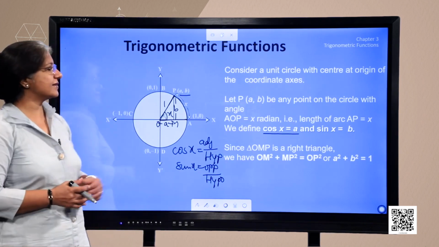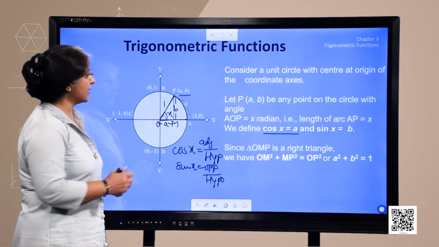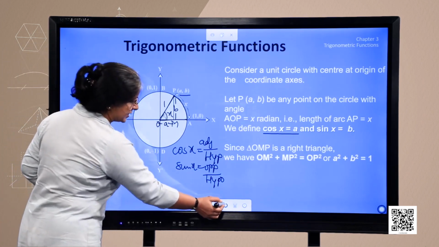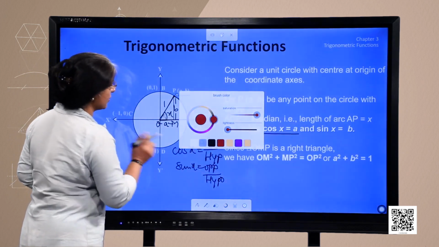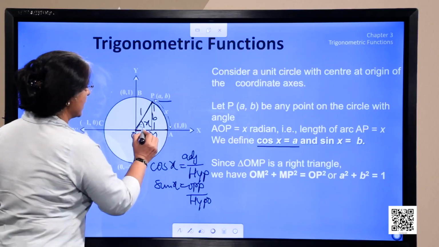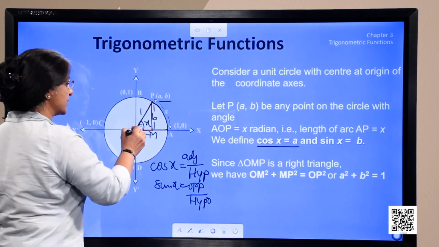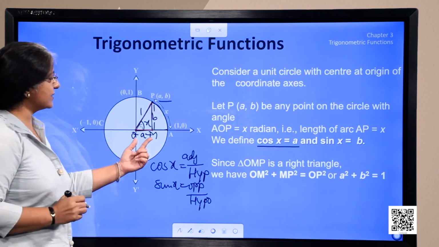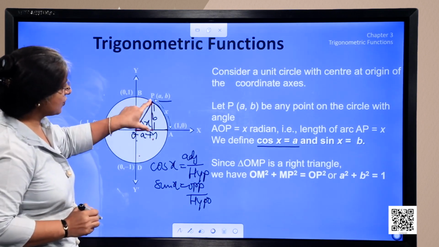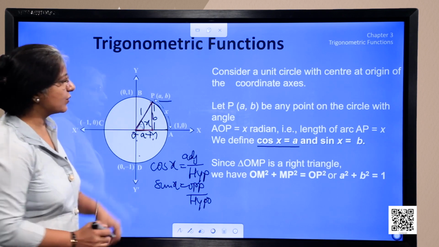Since OMP is a right angle triangle, by Pythagoras theorem, OM square plus PM square gives us OP square. Here, OM square is A square and PM square is B square, equal to 1.